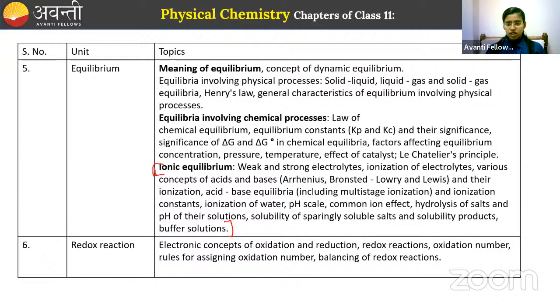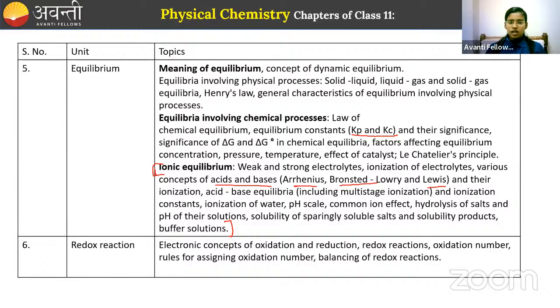Here we have three theories for acids and bases: Arrhenius theory, Bronsted-Lowry theory, and Lewis theory. Those three theories are very important. And in chemical equilibrium also we have Kp, Kc kind of thing. I will explain what those are while doing that lesson.